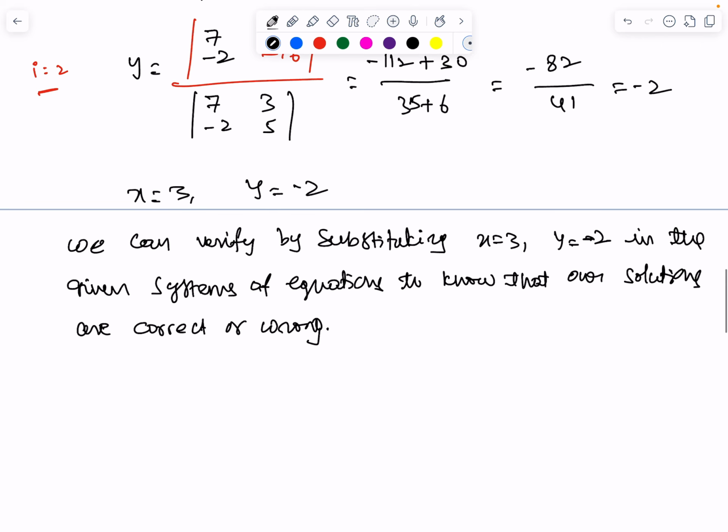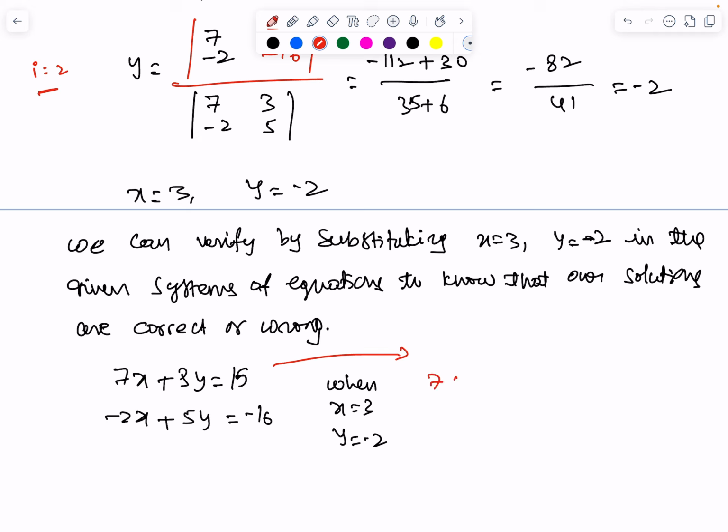We have the given system of equations, 7x plus 3y is equal to 15, minus 2x plus 5y is equal to minus 16. When x equal to 3, y is equal to minus 2, I can see from here 7 into 3 plus 3 into minus 2, which is equal to 21 minus 6, which is equal to 15.